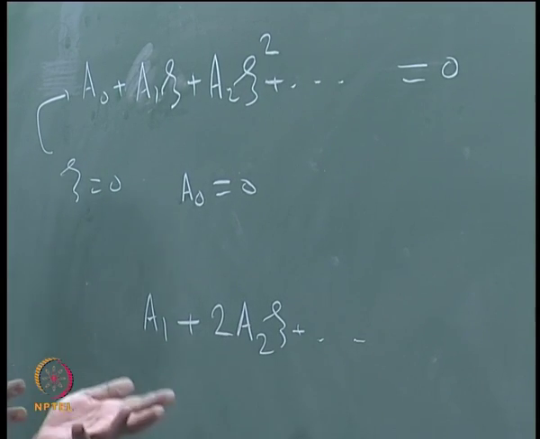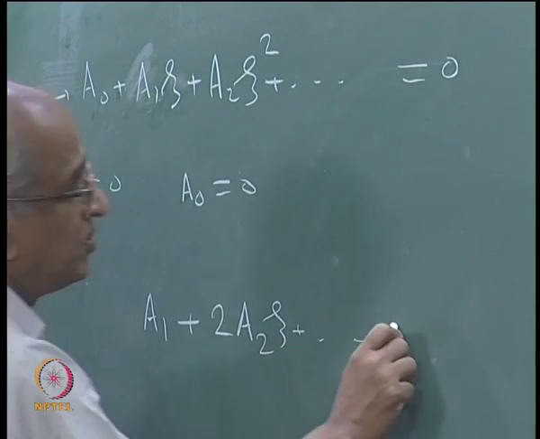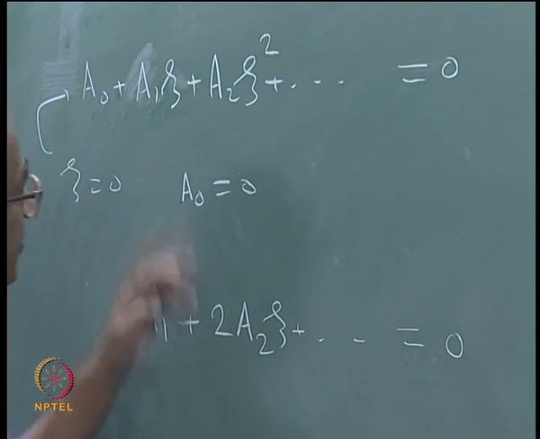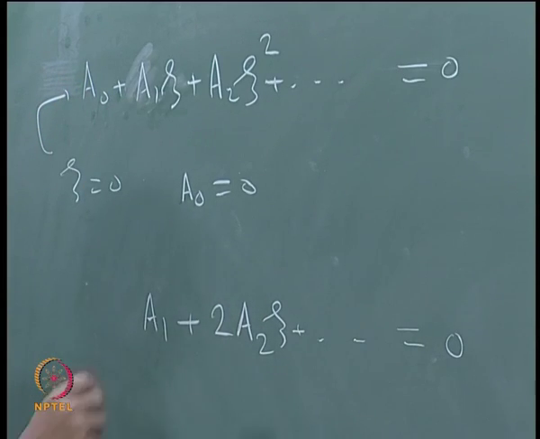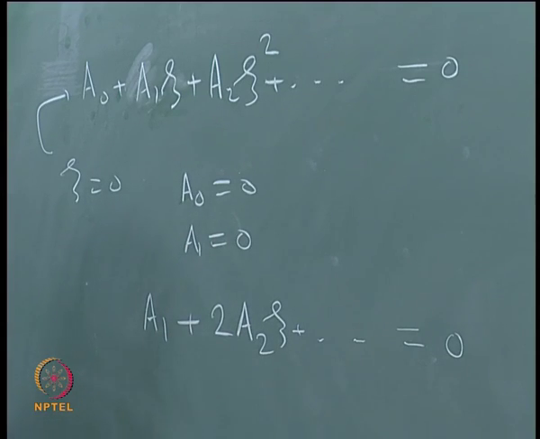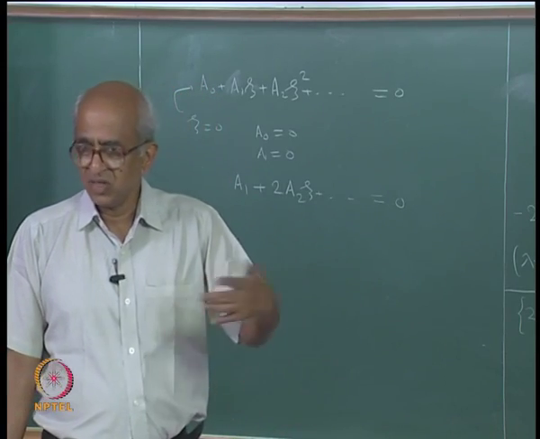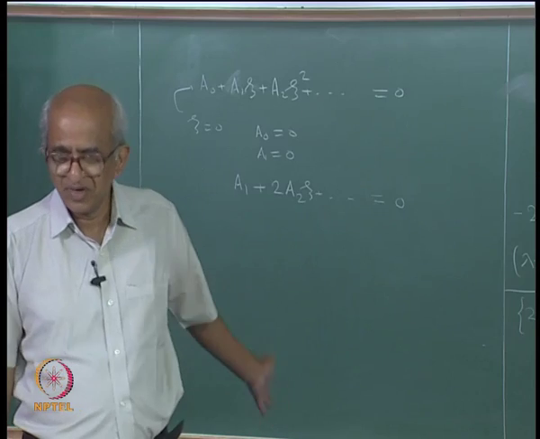The right hand side has to be 0, because you are differentiating 0. So, therefore, you will find that a1 has to be 0. Then you differentiate it once more and put c equal to 0, you will find that a2 has to be equal to 0, then a3 has to be equal to 0, and so on. That is another way of arguing the same thing.